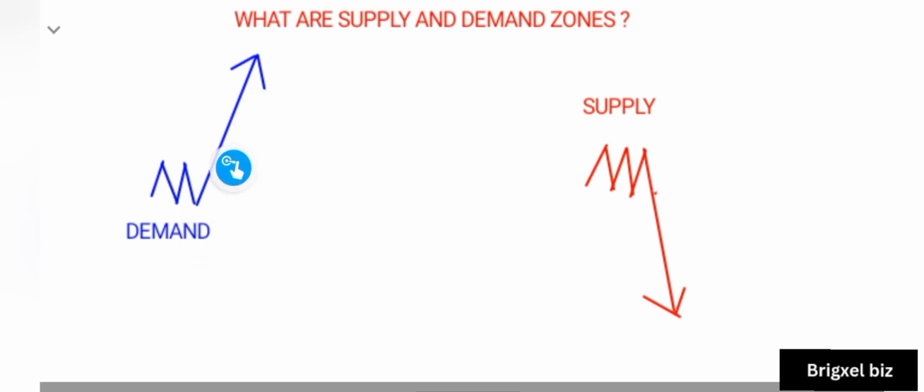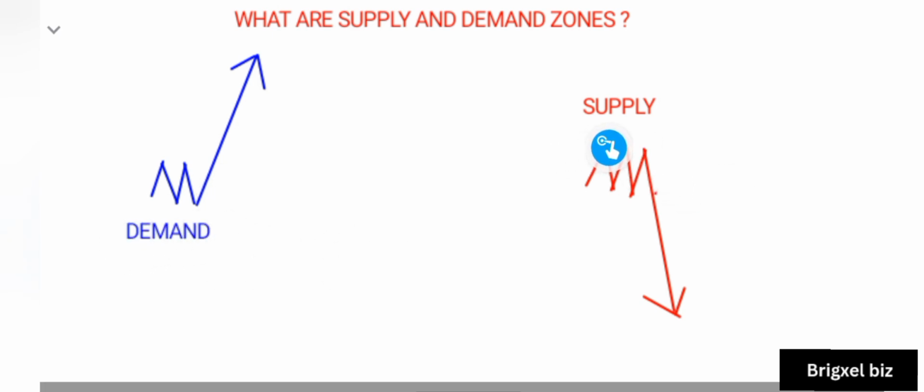And this aggressive move away is identified by the formation of momentum candles, candles like the Marubozus, the different types of Marubozus. So you would see bullish momentum candles, bullish Marubozus forming here, a quick and aggressive move in the upward direction is one way to identify a demand zone.